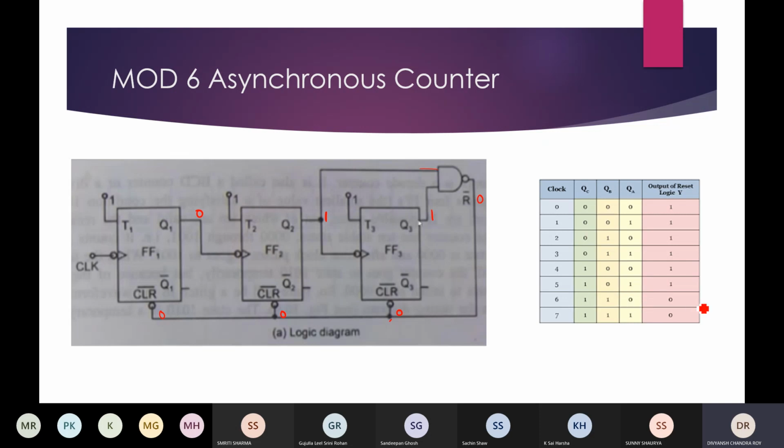So as soon as I reach 110, it will immediately go to 000, meaning my count will repeat infinitely from 0 to 5, and 6 will not be there because this is an asynchronous one.